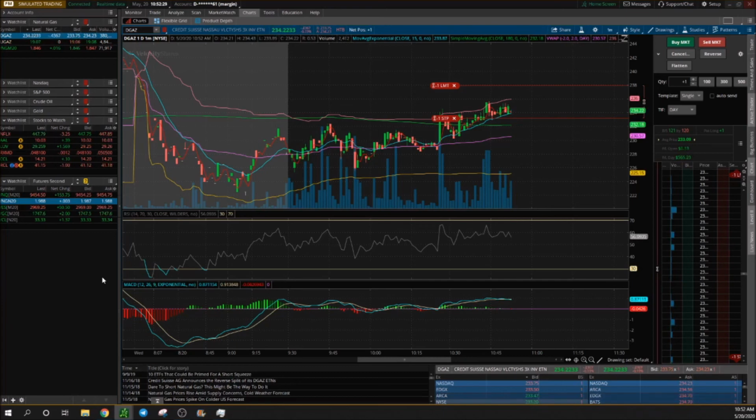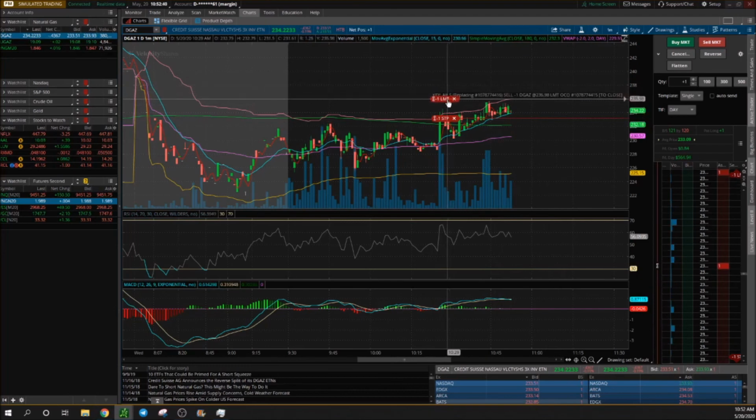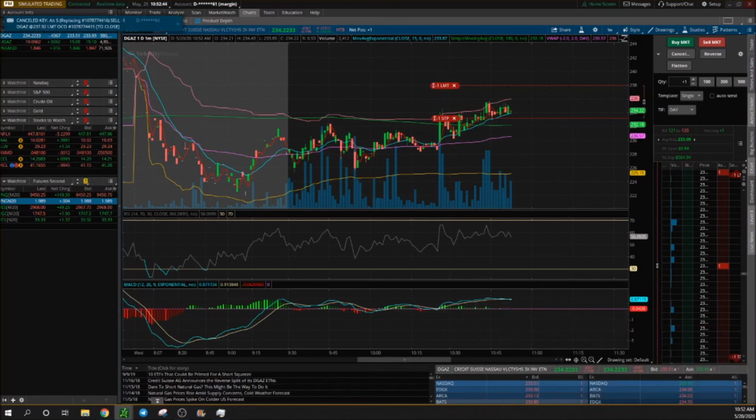So again, by using these OCO brackets, you can see this window of where you need to be. Everything is visual, and it's so easy to just click and drag, right? And then confirm it. If you hit this auto send right here, you won't have to hit that. As soon as you let go of it, it'll just automatically, see, canceled and replaced.